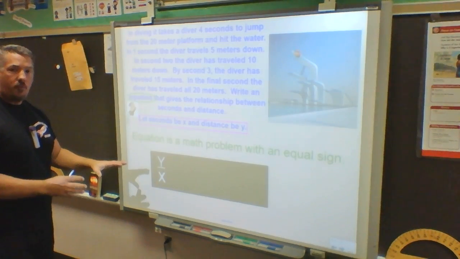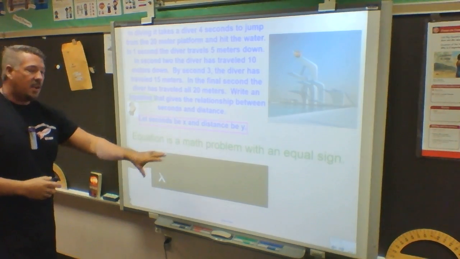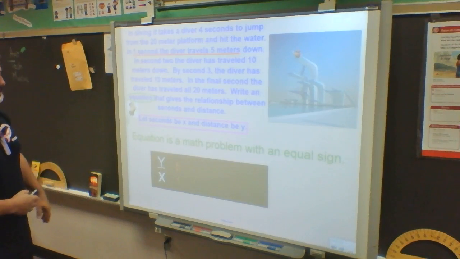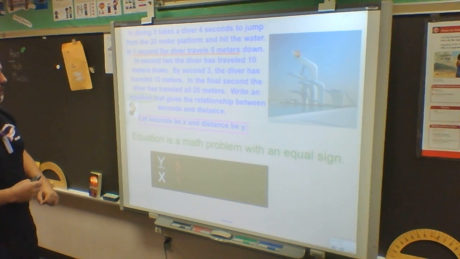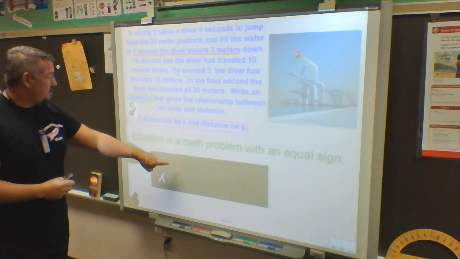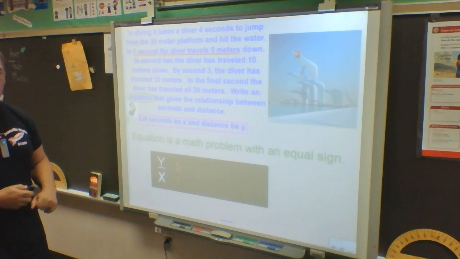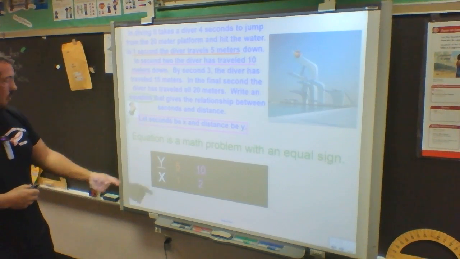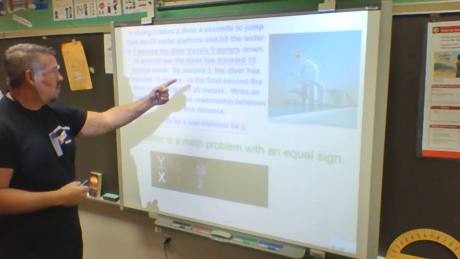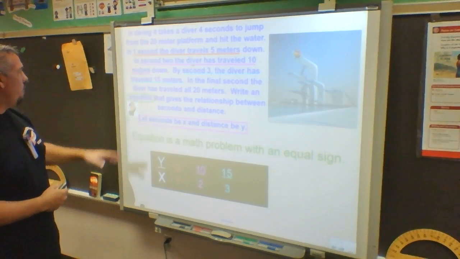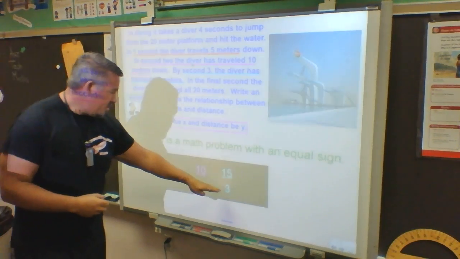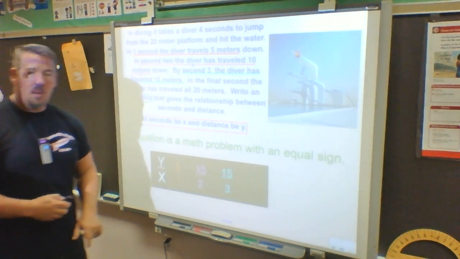So let's look at the information that we have and see if we have a pattern. We know that when we dive 1 second, we went down 5 meters. When I dive 2 seconds, I went down 10 meters. 3 seconds, 15 meters.